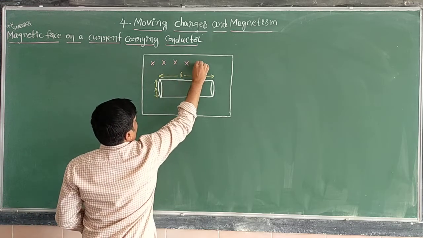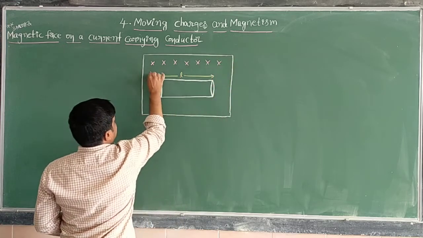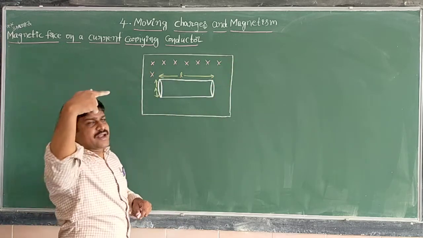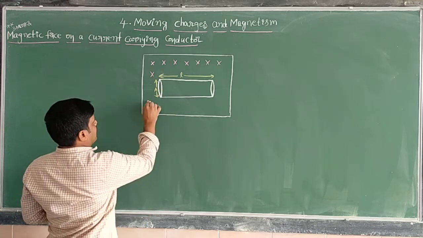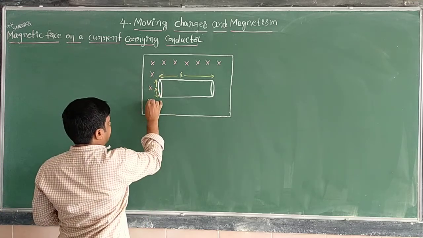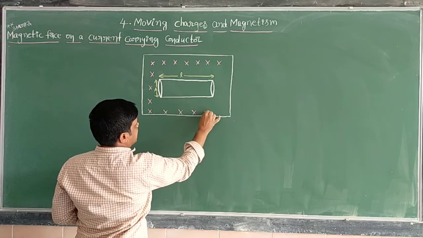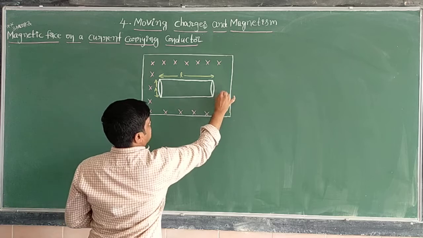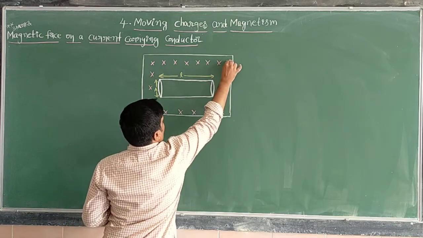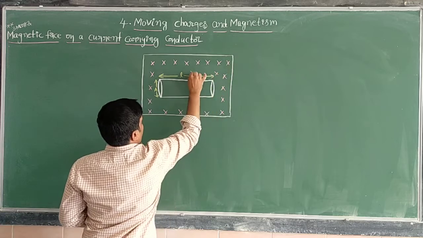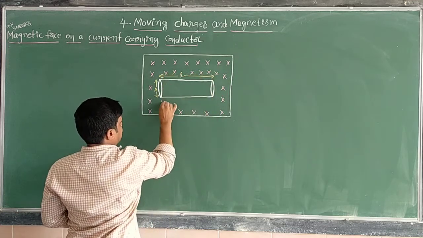If I show the magnetic field with a cross mark, the magnetic field direction is inward to the board. Suppose I show it with dots, then the magnetic field is outward. Now this is the magnetic field.